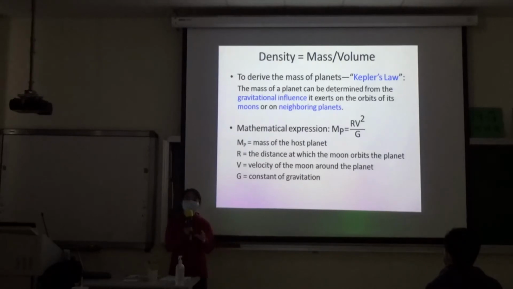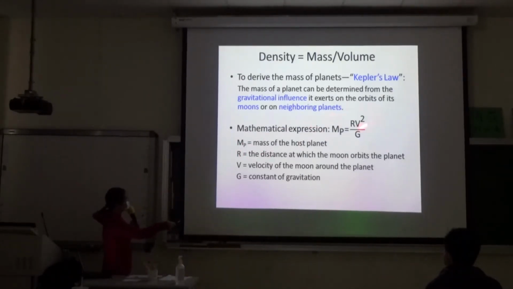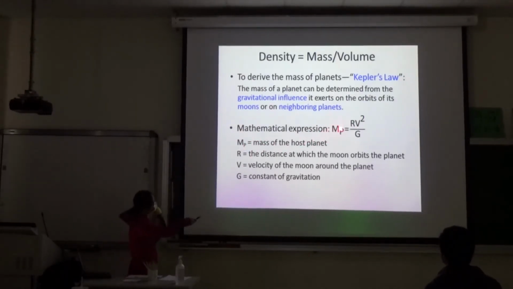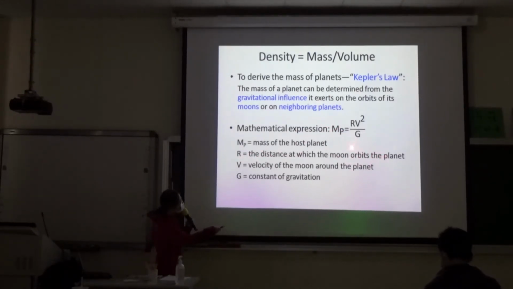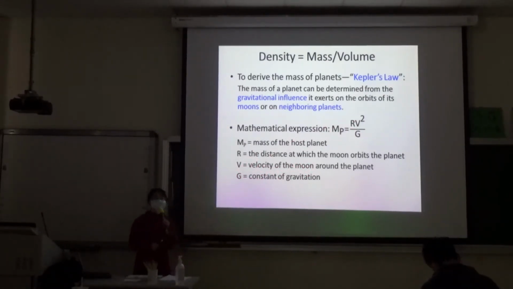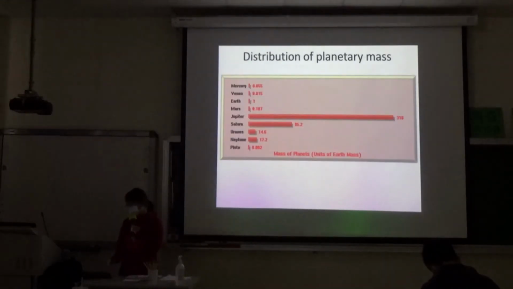And then you can make use of this relationship to calculate the mass of the planet. So M_P is the mass of the host planet, R is the distance at which the moon orbits the planet, V is the velocity of the moon, and G is the constant of gravitation. So you can estimate this. Then you can estimate the mass.